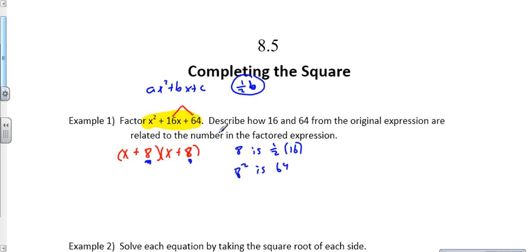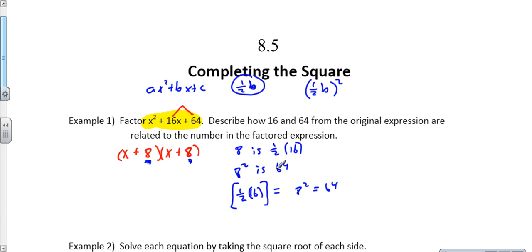So 64 in relation to 16: if we took 1/2 of b, in this case the 16, we get 8, and then we square it, we get 64.